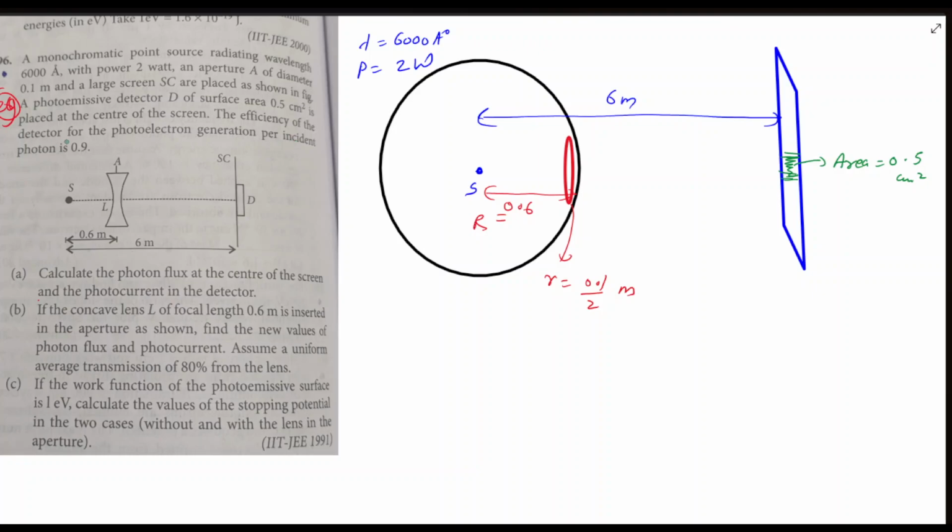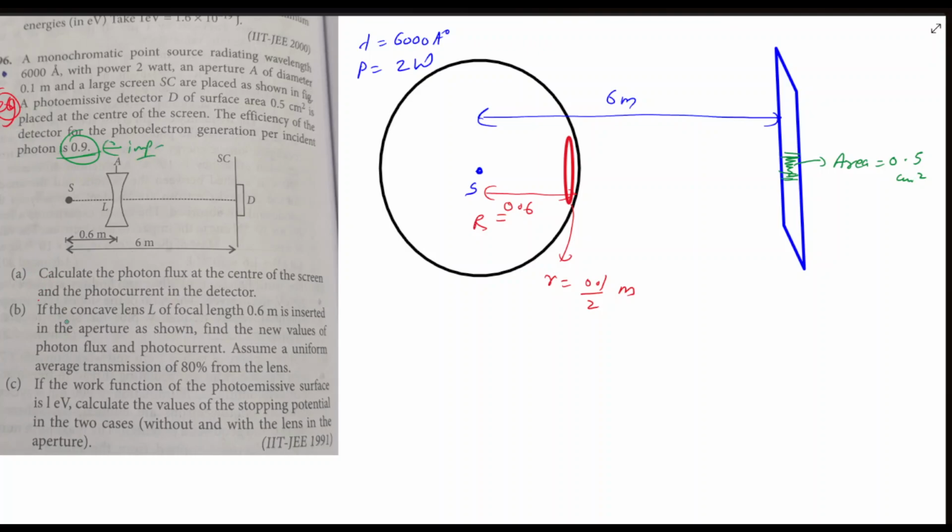The efficiency of the detector for photoelectron generation per second is 0.9. So whatever the photons illuminating this area, the number of electrons it can detect will be 0.9. This is quite important, so be careful.